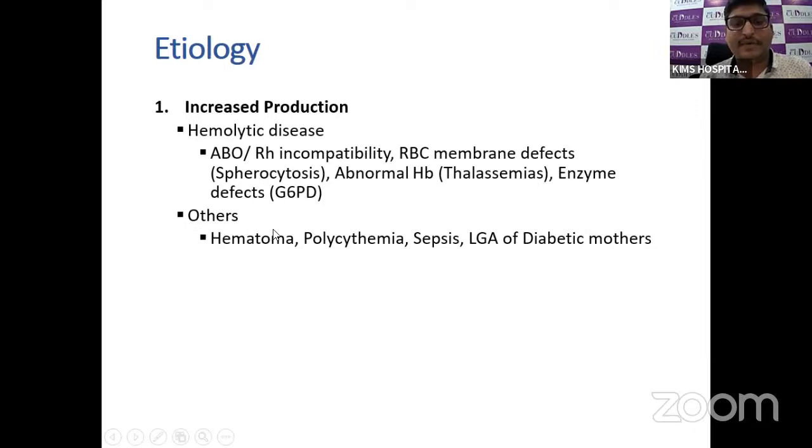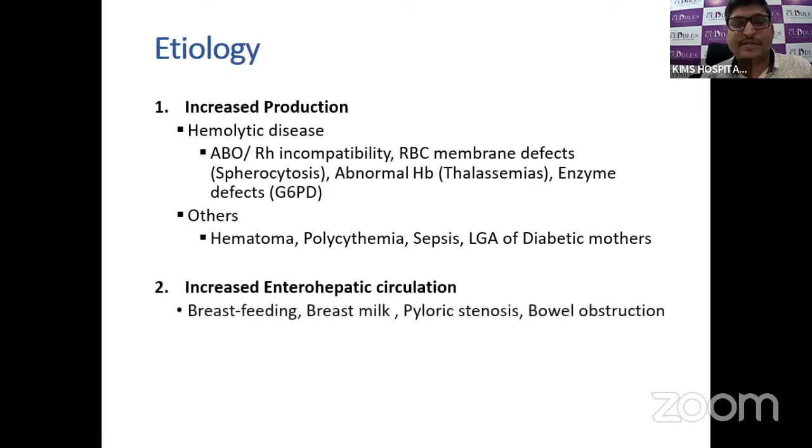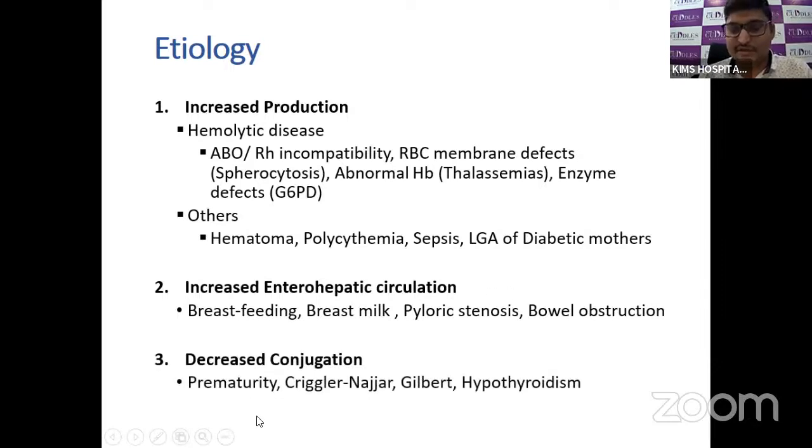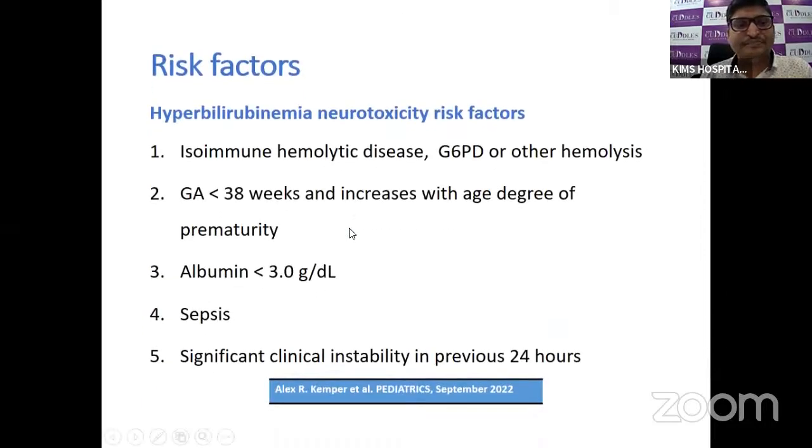Others are hematoma, polycythemia, sepsis, large for gestational age or infants of diabetic mothers, increased enterohepatic circulation due to decreased breastfeeding or intestinal obstruction, decreased conjugation generally in the premature, and hepatocyte enzyme disorders. All these etiologic factors can independently cause jaundice, as well as being risk factors to exaggerate physiological jaundice.